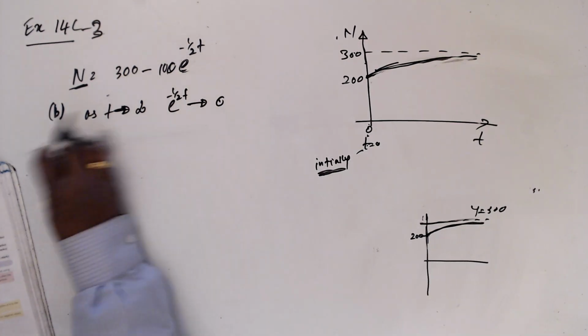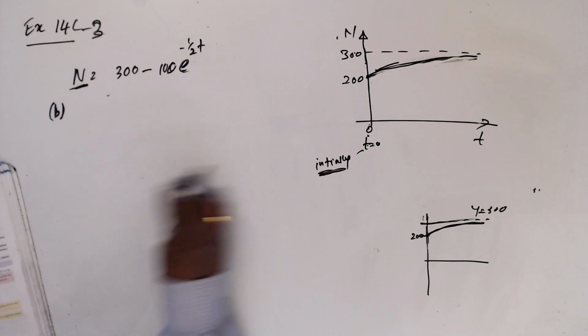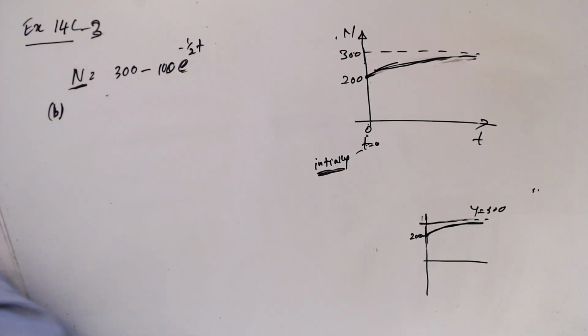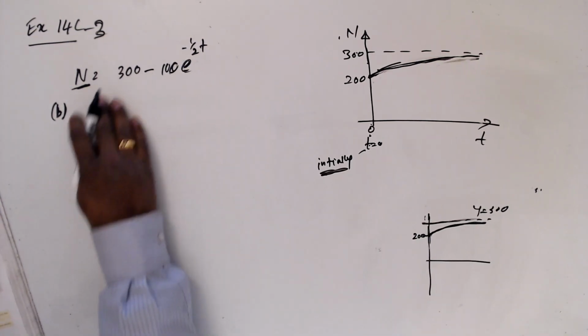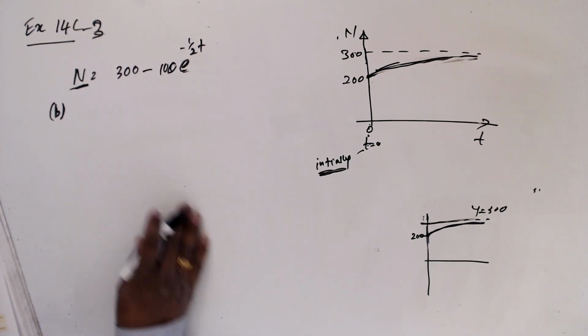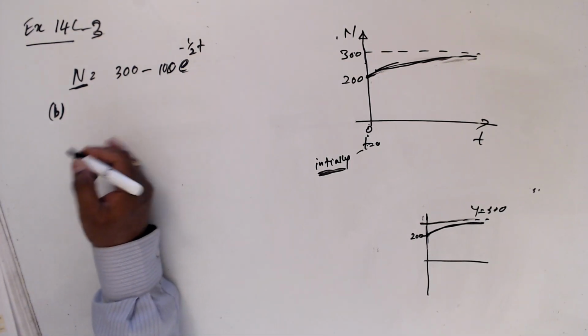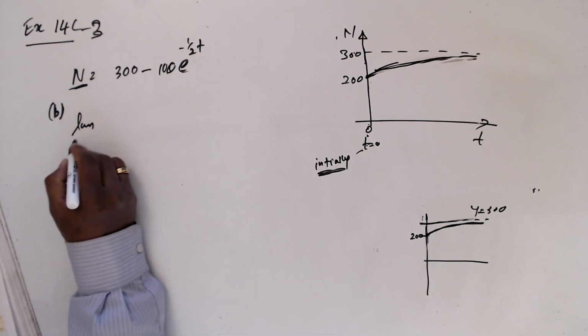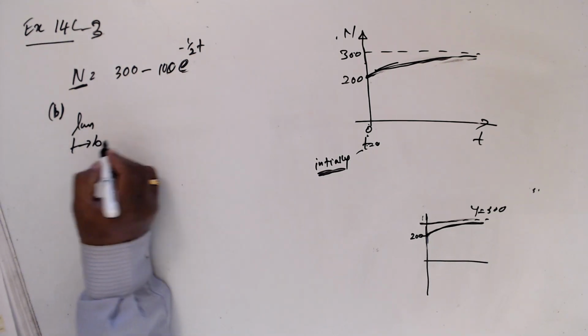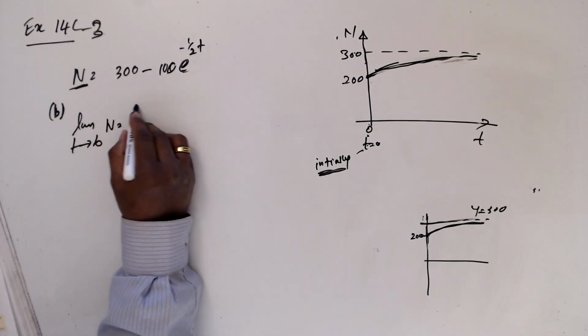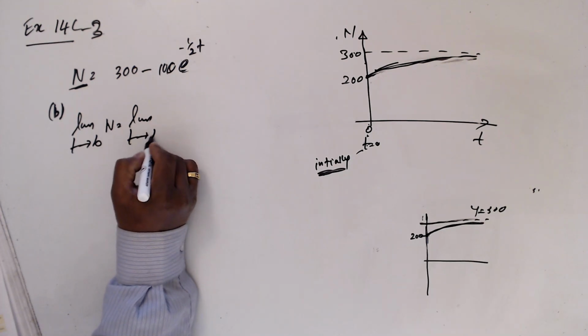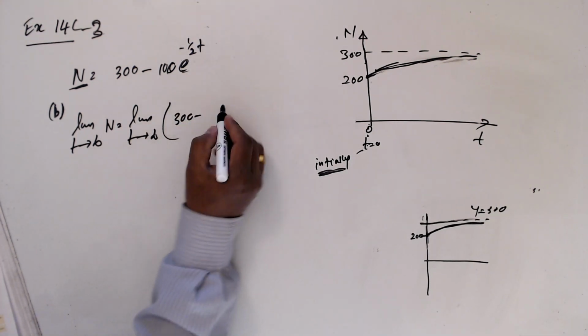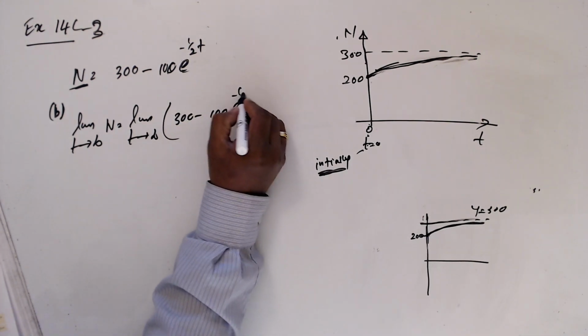There's a different way of writing this. This is for the math students who plan to do maths in A levels or university. Limit as t tends to infinity, applying the limit to 300 minus 100e^(-t/2).